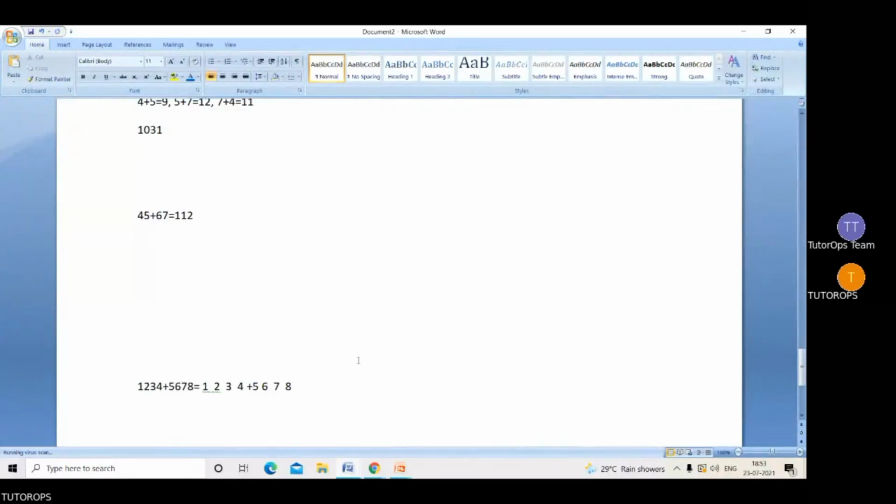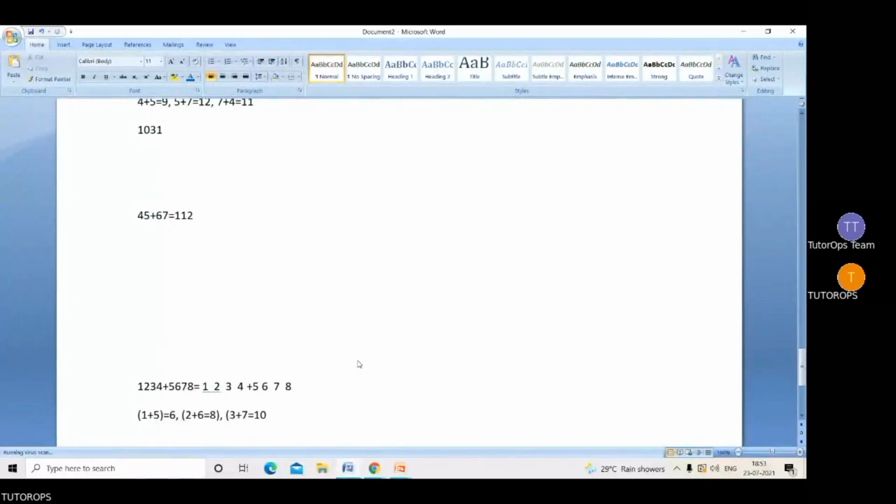So the addition of the first digits will result in 1 plus 5, that is 6. Again, the addition of the second digits will be 2 plus 6, that is 8. But we need to consider another thing, because later there will be 3 plus 7, that will be 10.